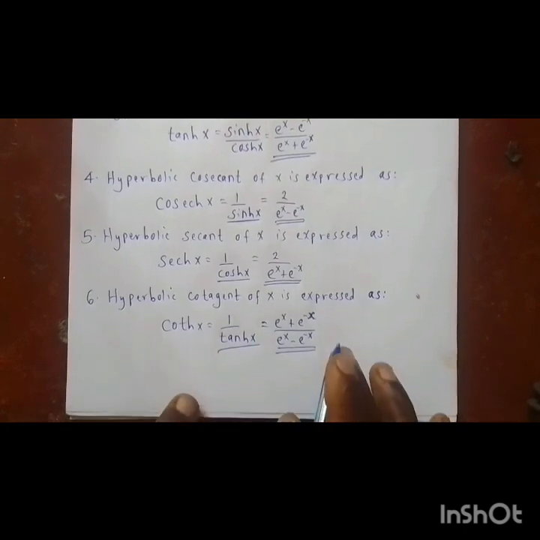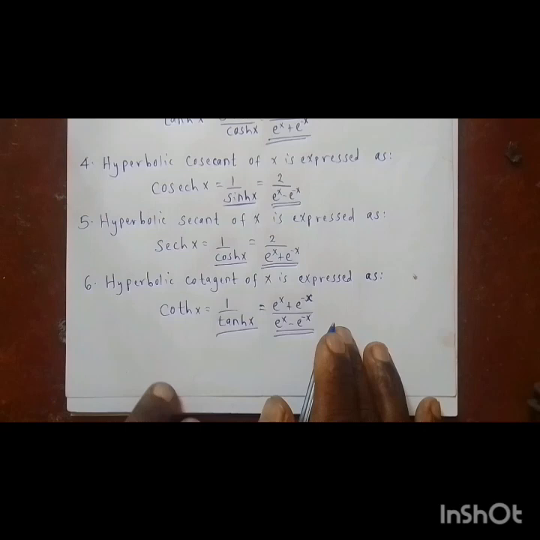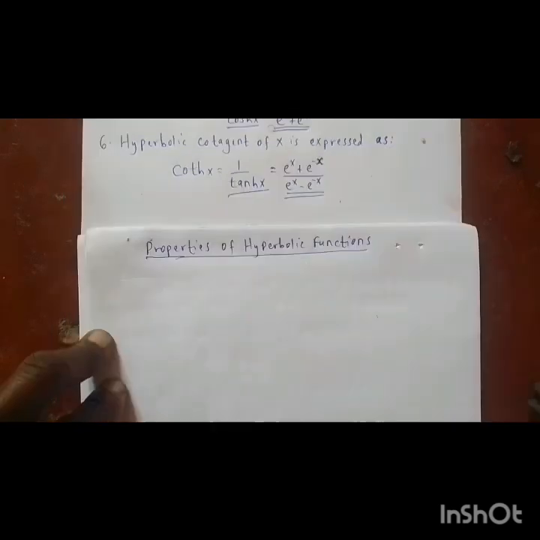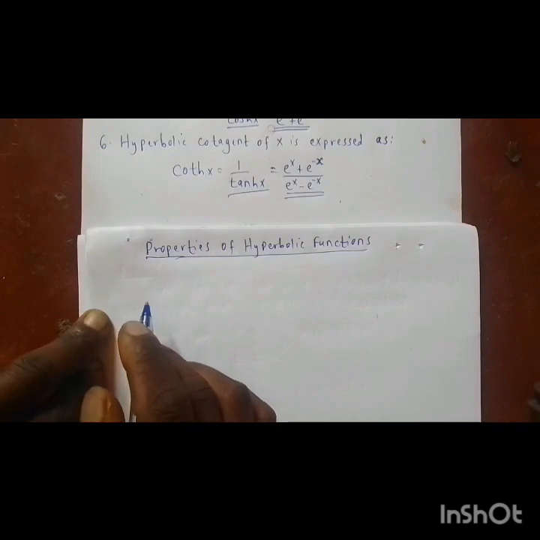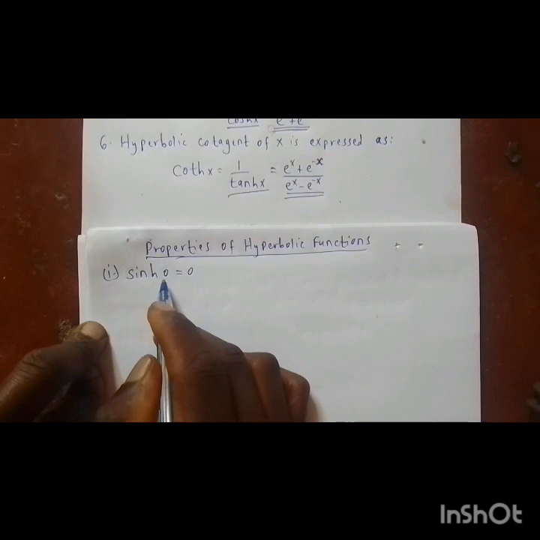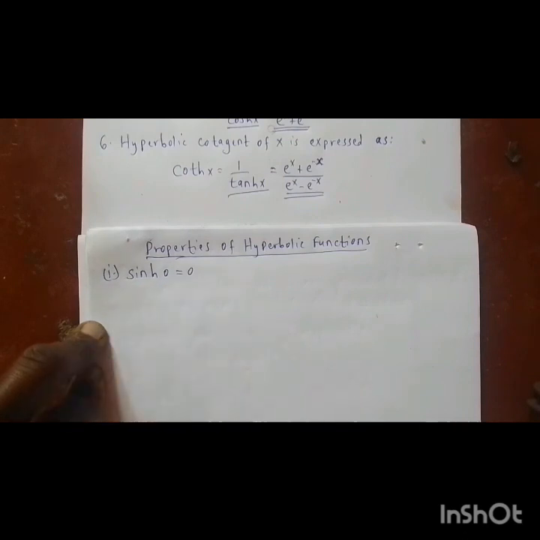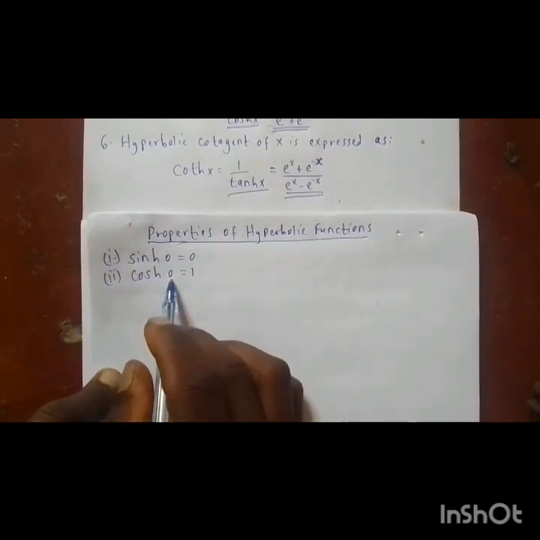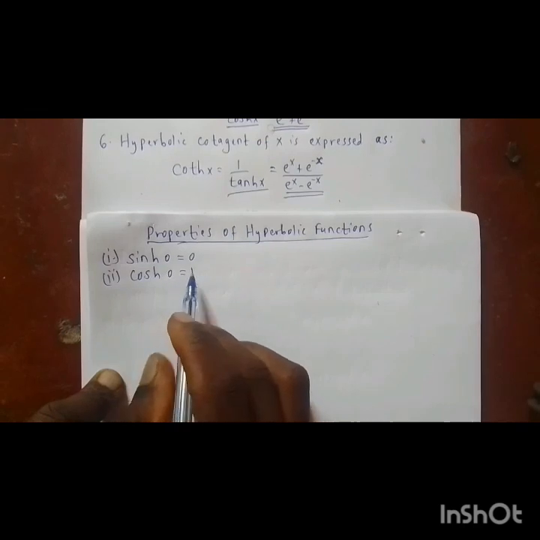Well, we now want to look at the properties of hyperbolic functions. So the first property is that hyperbolic sine of 0 is 0. Hyperbolic cosine of 0 is 1.